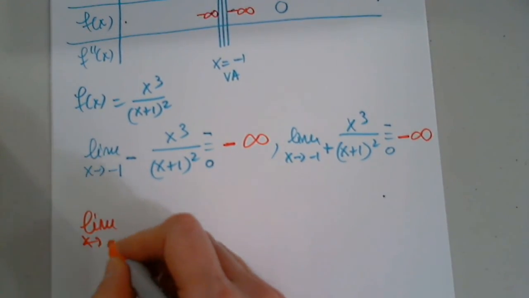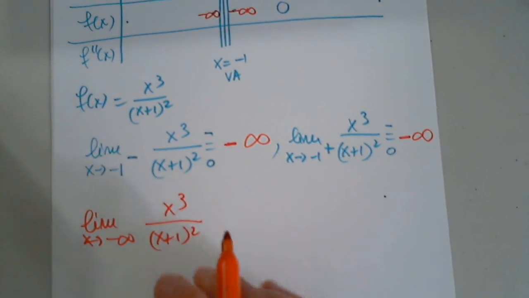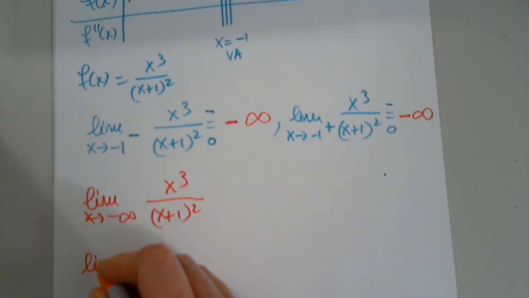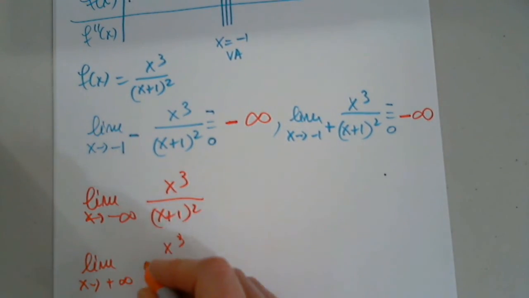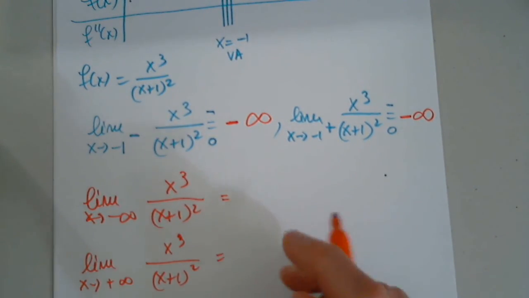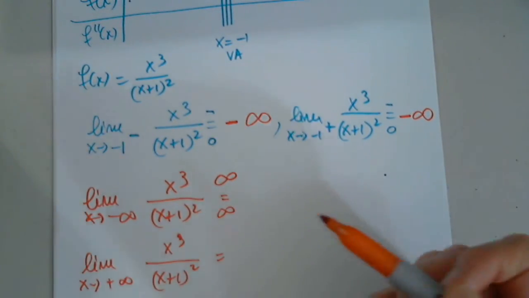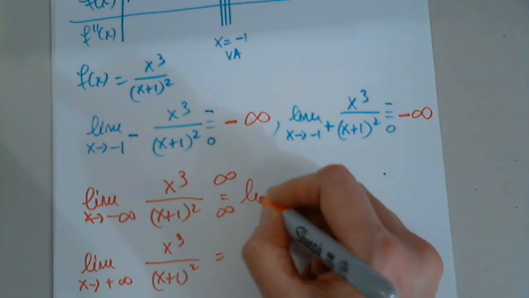Limit as x approaches -infinity of x cubed over x plus 1 squared. And then limit as x approaches positive infinity of x cubed over x plus 1 squared. Well, it's infinity over infinity. I apply L'Hopital's rule.